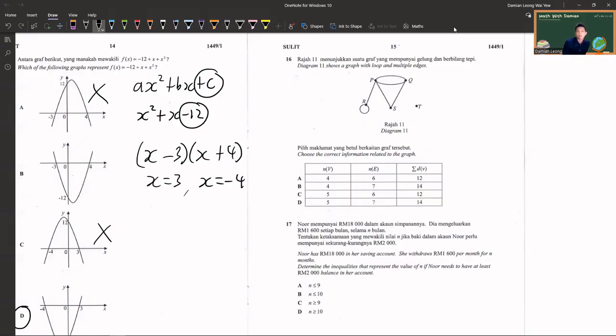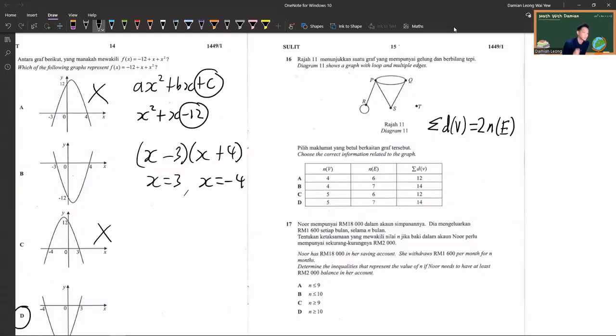Okay. Dan sum of degrees, jumlah darjah setiap bucu. Now, sum of degrees for all the vertices also we need to have. Okay, jumlah darjah bagi setiap bucu. Kami boleh gunakan formula ini, iaitu 2 kali ganda nombor tepi.